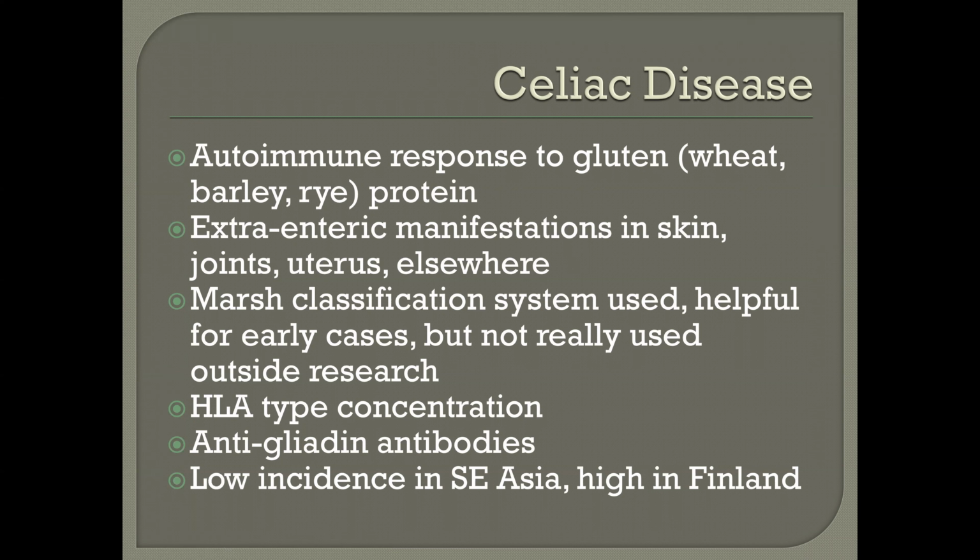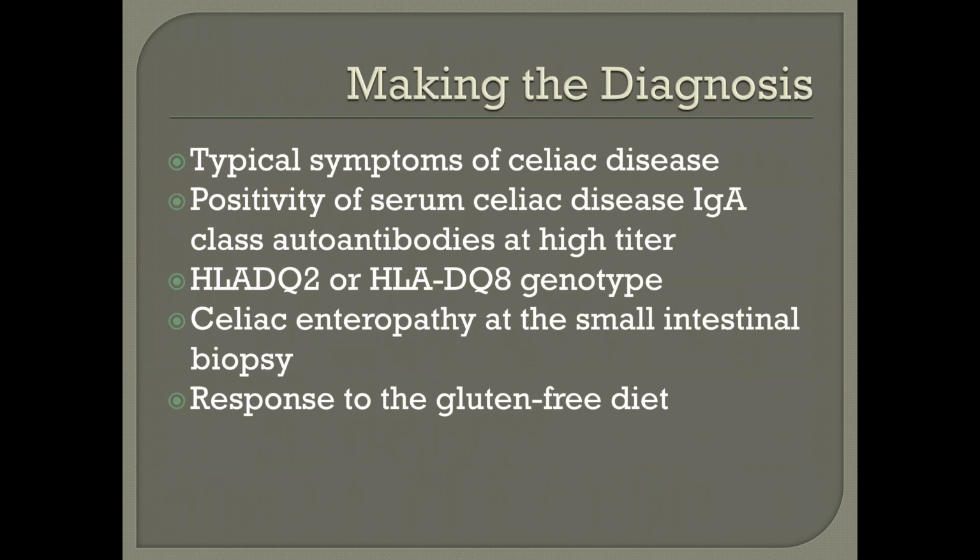There is an HLA type association, perhaps indicating susceptibility. These patients will have anti-gliadin antibodies, and just to illustrate the geographic variation, you hardly ever find it in Myanmar, but you'll find it often in Finland. Typical symptoms associated with celiac disease are very helpful for the diagnosis, and it's not a histologic diagnosis.